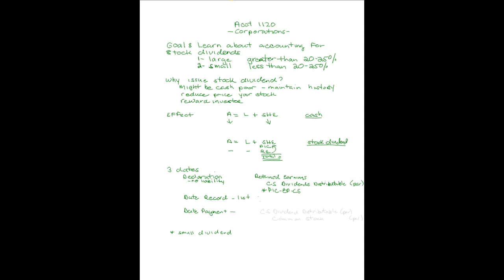And on the date of payment, you take your common stock dividend distributable account and debit it because you're distributing it, and credit common stock and release the stock. You'll recall that we put it into common stock dividend distributable at par value, and so it fits nicely into the common stock account. So those are the entries, with this portion being applicable only to a small dividend.